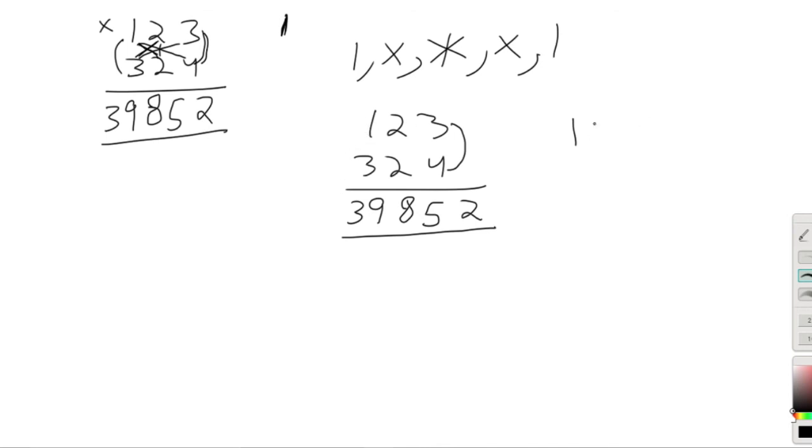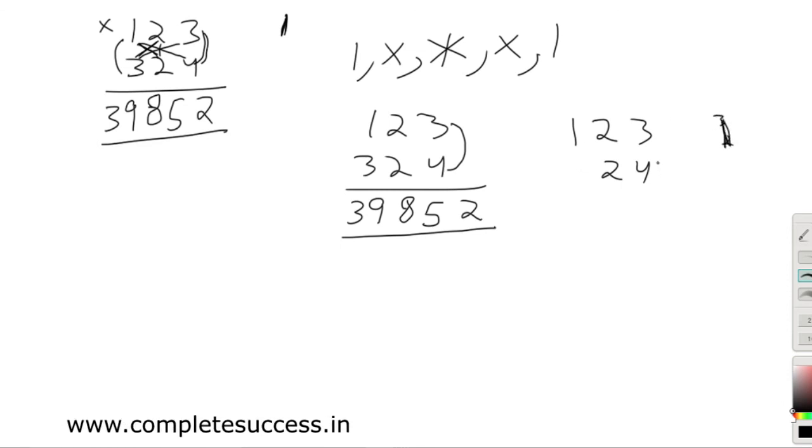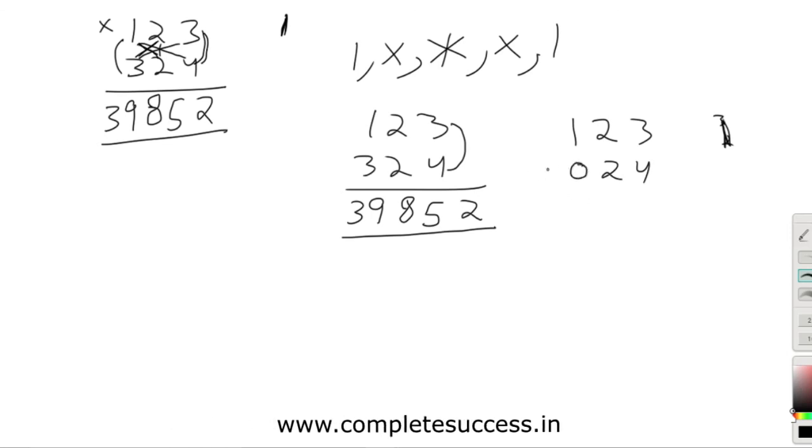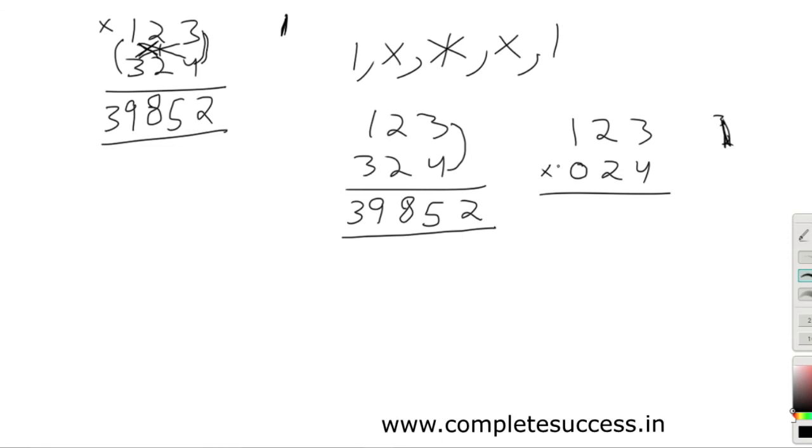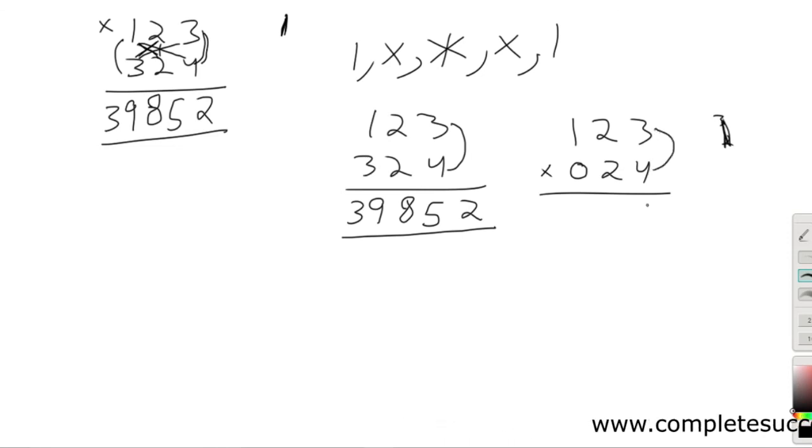Now if we multiply 123 with not 324 but generally 24, means this value, multiply 3 digit with 2 digit. Now the structure is same, we can take here 0. Multiply, you will get your answer. So we'll check what is 4 into 3, 12, 1 carry forward.